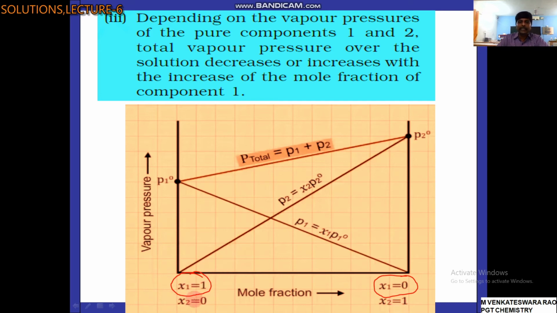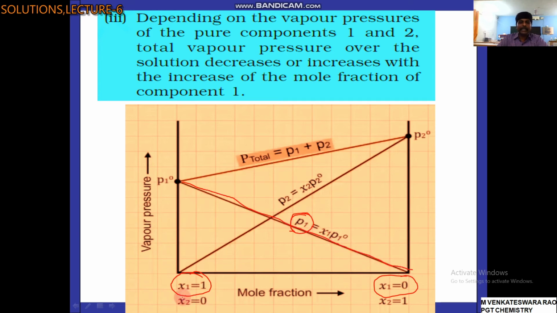X1 decreases means partial pressure P1 decreases, as shown by the P1 curve.